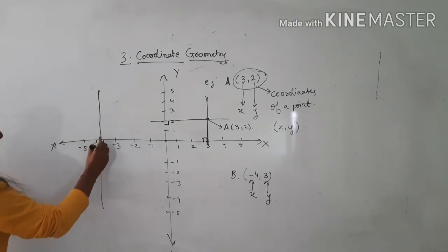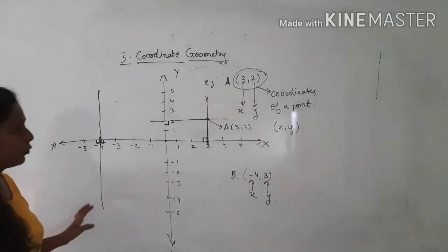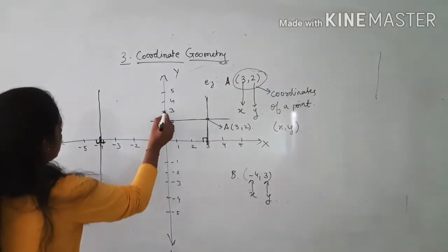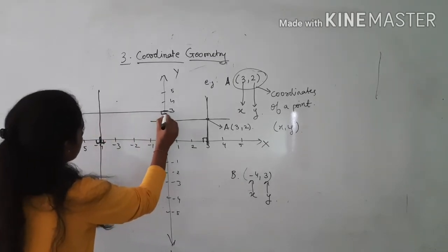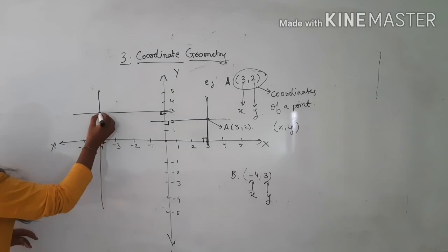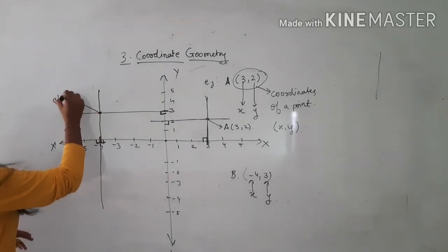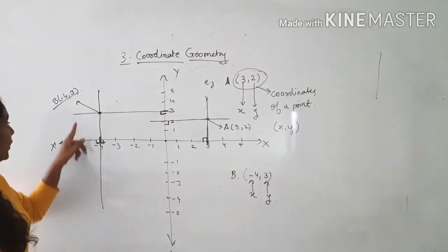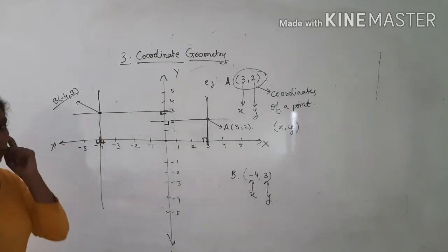If you have any doubt about why we have drawn below not above, draw a straight line going from -4. The next is 3. 3 is of y axis. So here is the 3 of y axis. You have to draw the perpendicular. Now where the points meet, this is your required point.